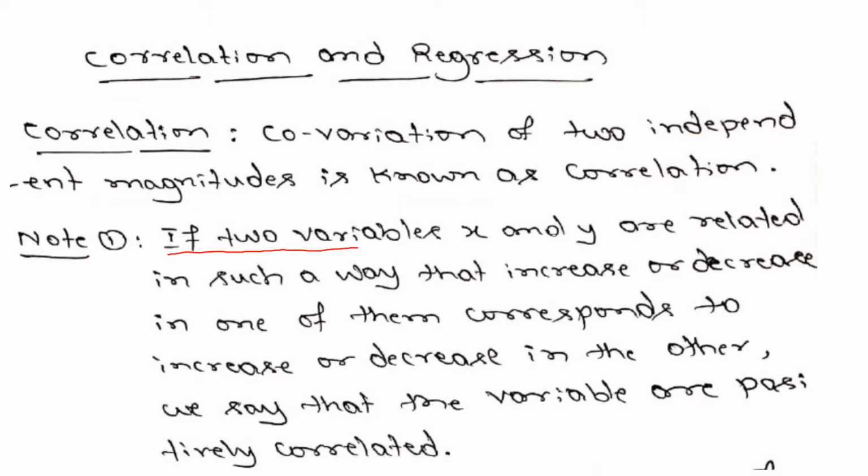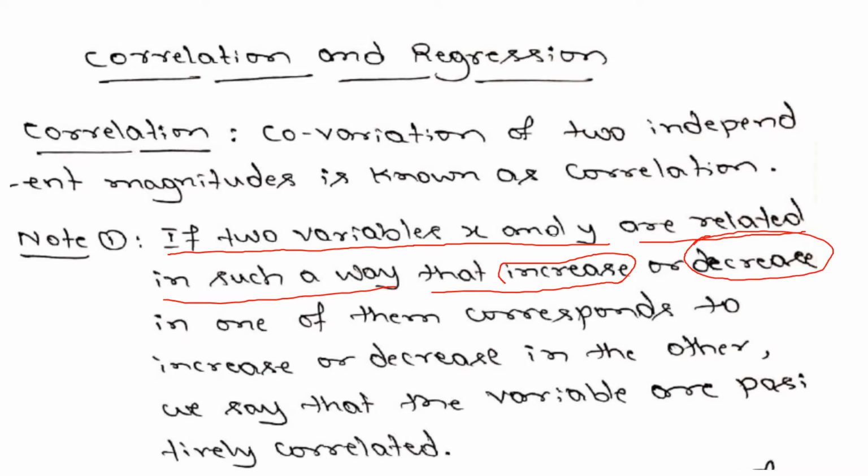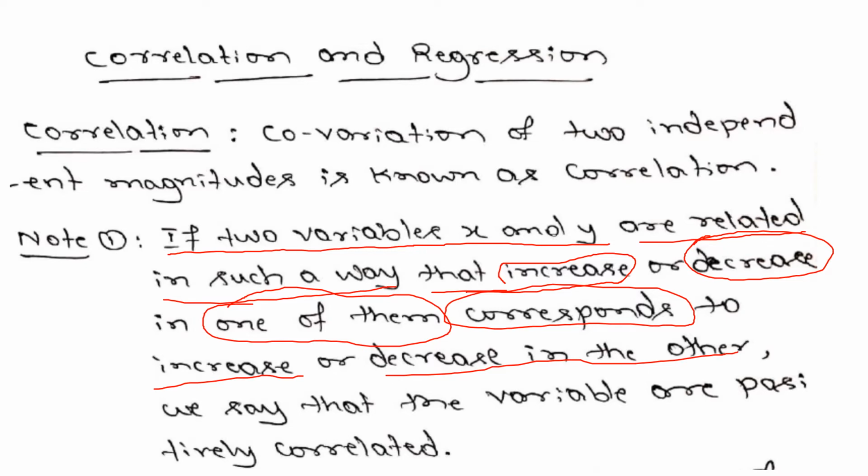If two variables x and y are related in such a way that increase or decrease in one of them corresponds to increase or decrease in the other, then we say that the variables are positively correlated.